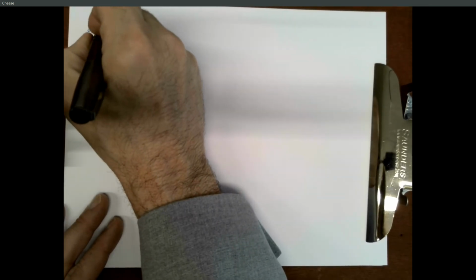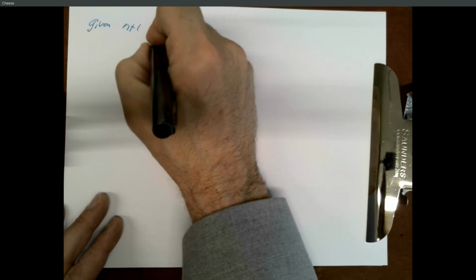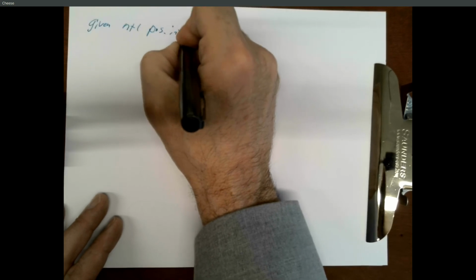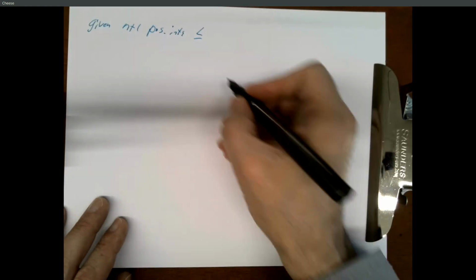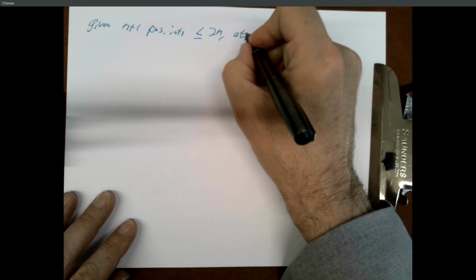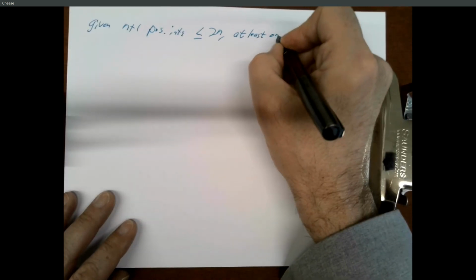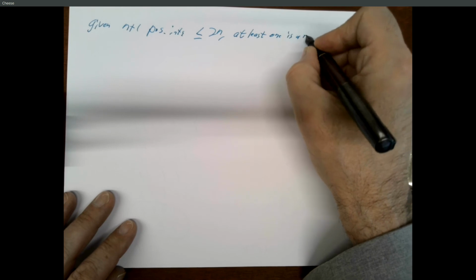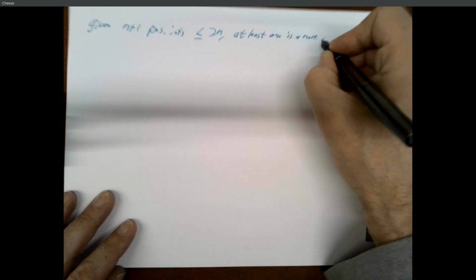Let me show you one other interesting one. Given n plus 1 positive integers less than or equal to 2n, at least one is a multiple of another.